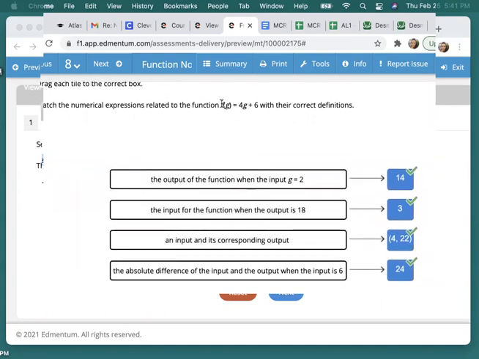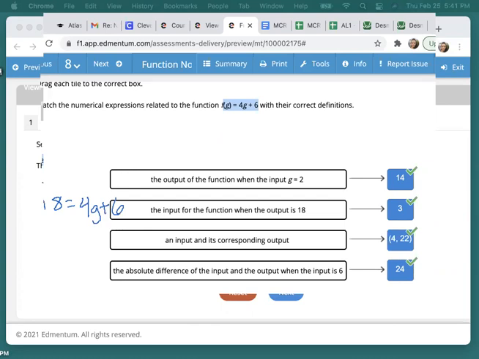And we have a function up here, 4g plus 6. So if you plug in 2 for g, 2 times 4 is 8, plus 6 is 14. The input for the function when the output is 18: for that one, you would set it up as 18 equals 4g plus 6, and then solve for g.